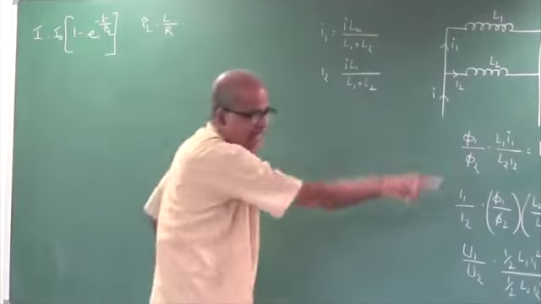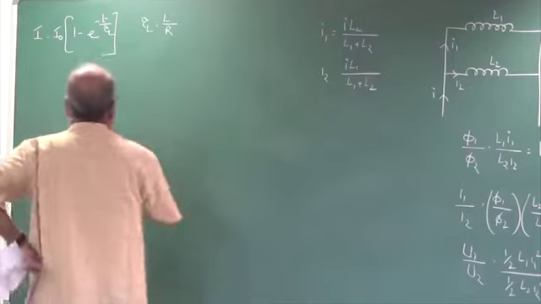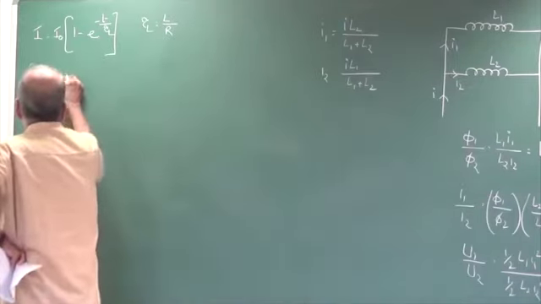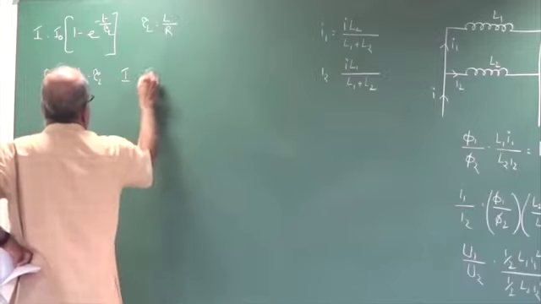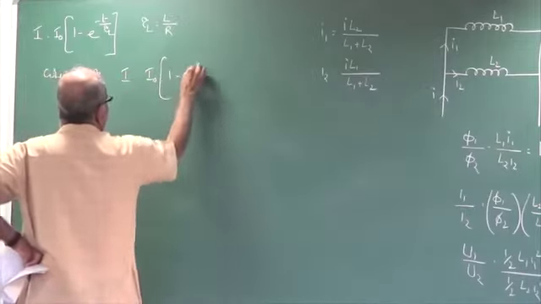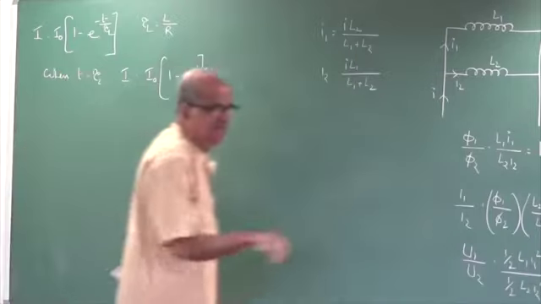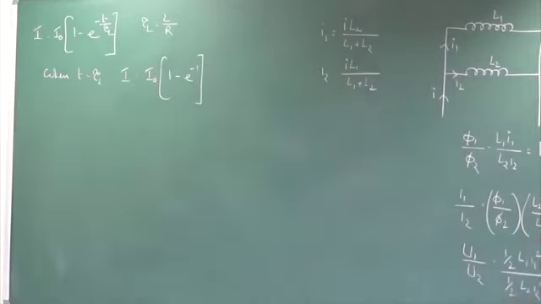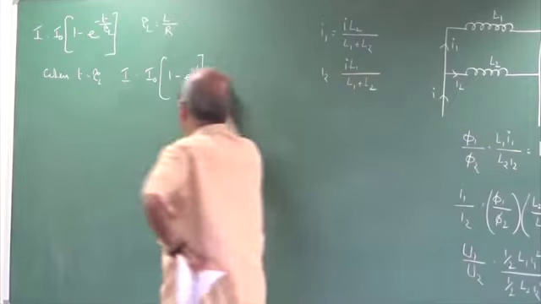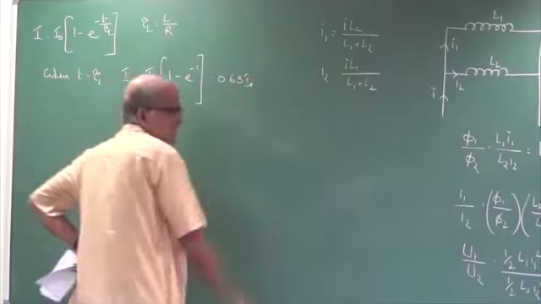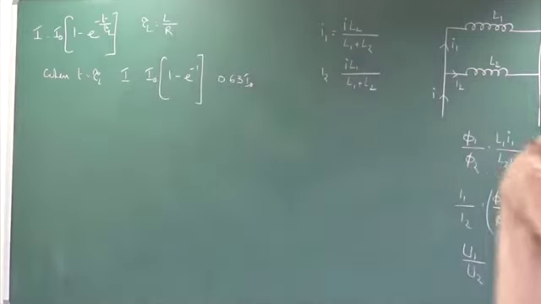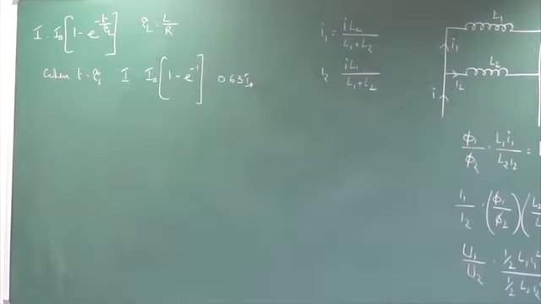You have R by L here, I have taken the denominator. 1 by e, you know how much it is? 0.37. 1 minus that is 0.63. So it is defined as the time needed for the current to grow to 63%.